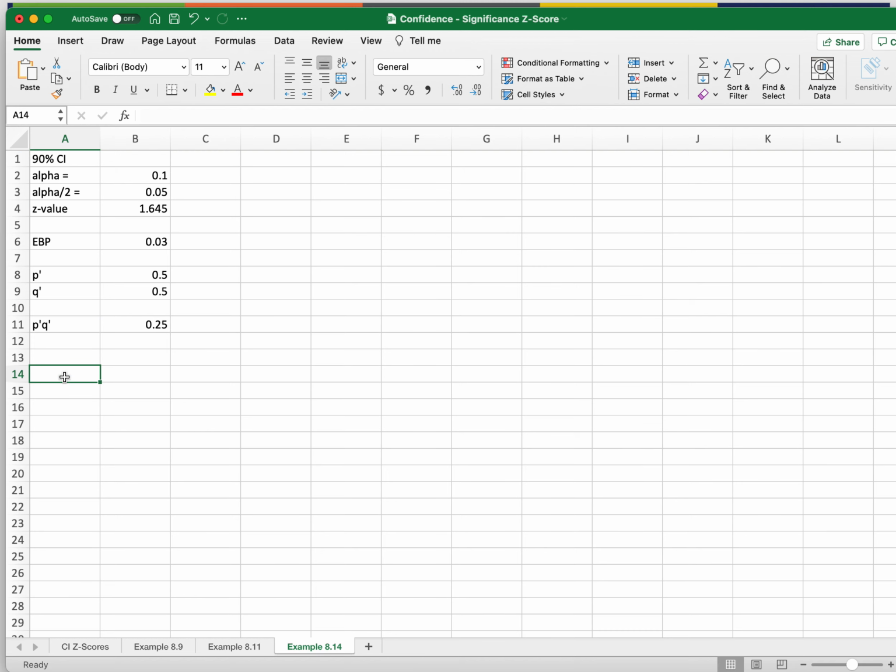So we get our n, and really it's going to be greater than or equal to the z value, and we're going to square that, divided by this EBP squared, which is going to be a very small number, and we're going to multiply that by this.